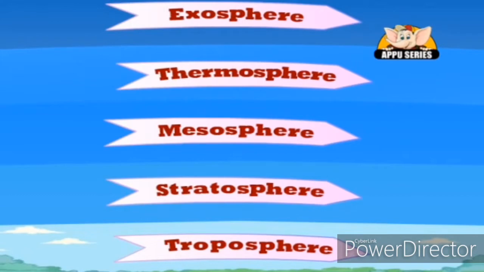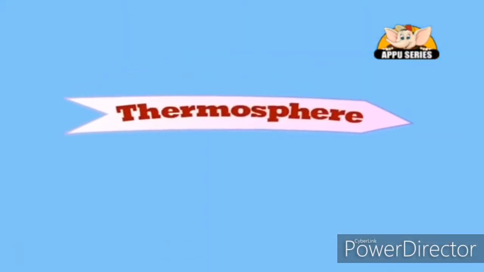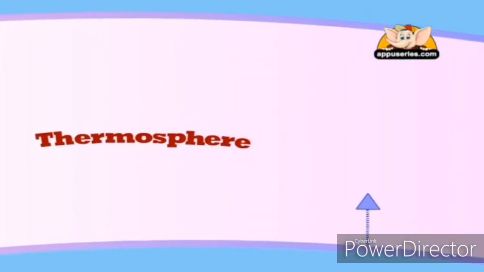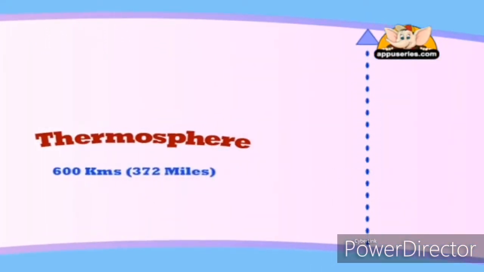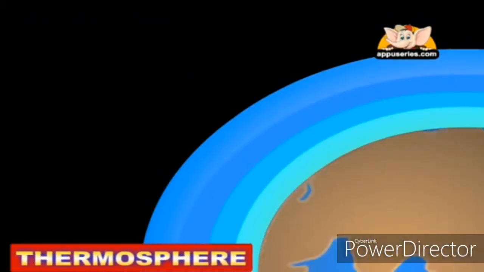The thermosphere starts just above the mesosphere and extends to 600 kilometers, 372 miles high. The temperatures go up as you increase in altitude due to the sun's energy.